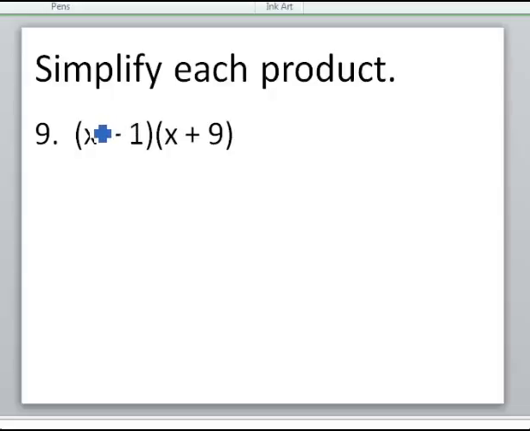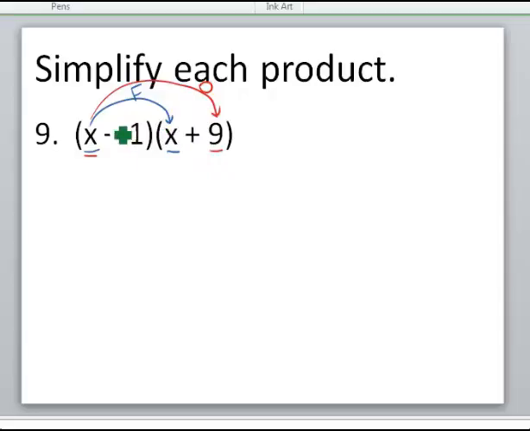The first terms are considered to be the first terms of your binomial, so the x times the x. So that would be your first terms, the F. The outer terms are considered to be the outermost of the parentheses, so that's your O. But really what you're doing, and the logic behind this, is you're distributing this x to both of the terms in the second set of parentheses.